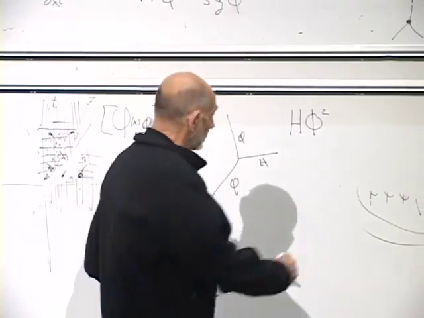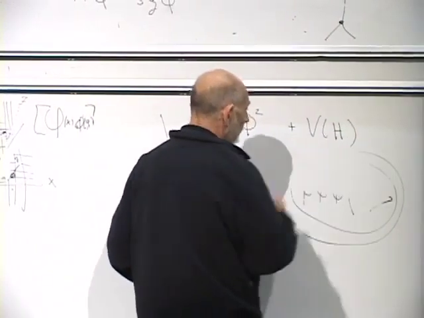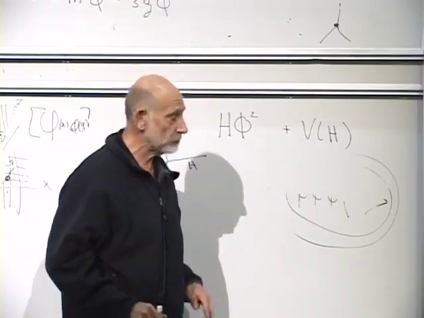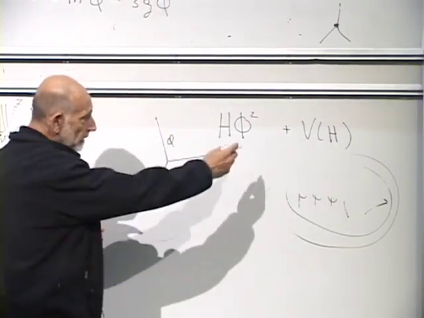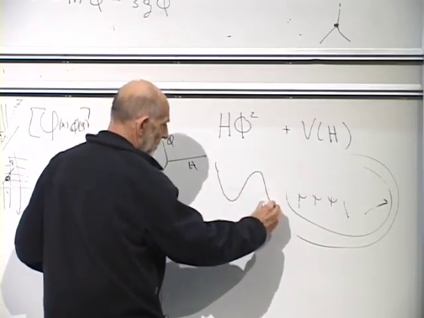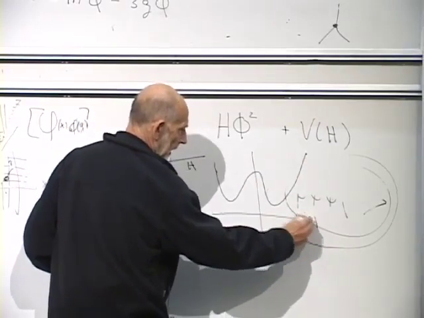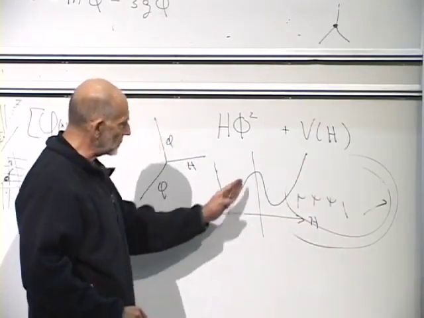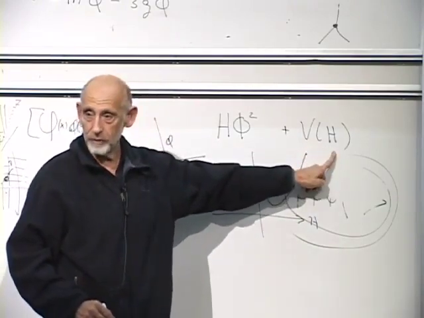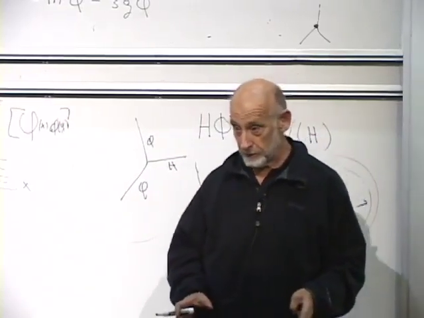Now imagine there's more terms, something like V of H. Now V is potential energy. It's the potential energy of the field H. Supposing V of H happens to be a function which looks, let's say, something like this. Here's H, and V of H is such that the minimum of the potential is not at H equals 0. The minimum of the potential energy defines the stable equilibrium points.